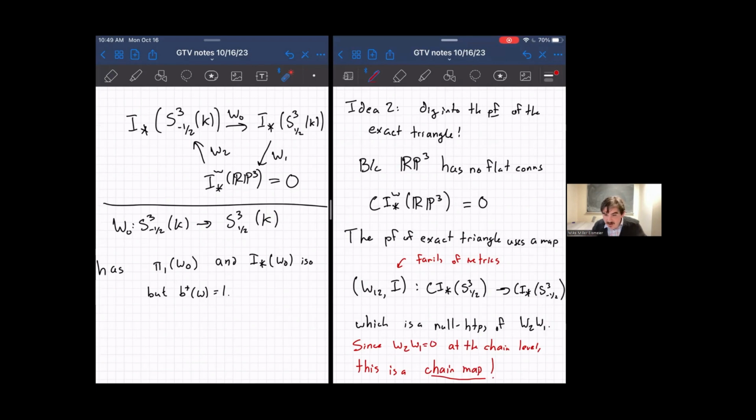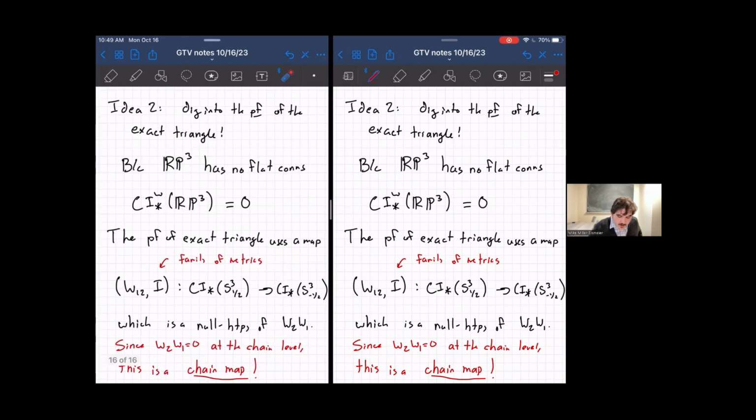This map is not a null homotopy anymore. It's actually a chain map of degree, I don't know, like +3 or something like that, from 1/2 surgery to minus 1/2 surgery.